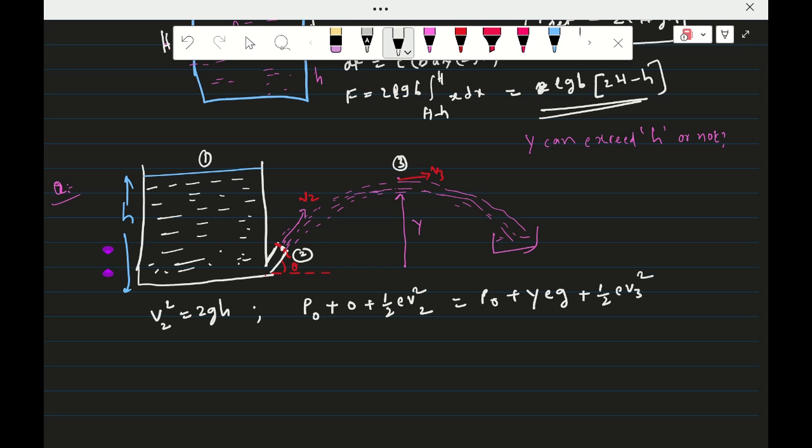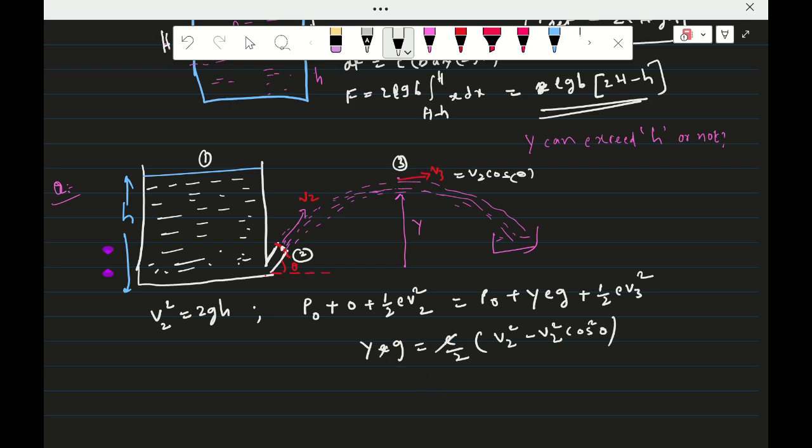Now it is very clear V3 is equal to, according to projectile motion, V2 cos theta. Now y rho g is equal to rho by 2 into V2 square minus V2 square cos square theta.